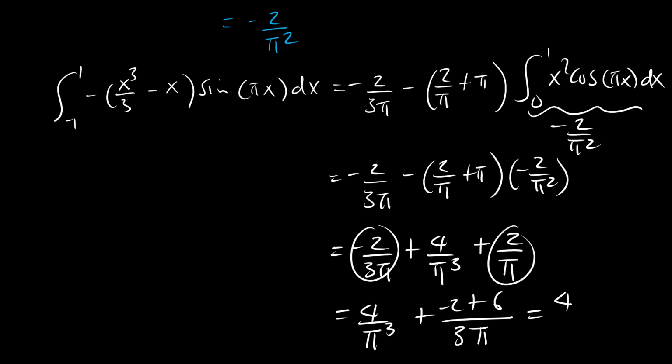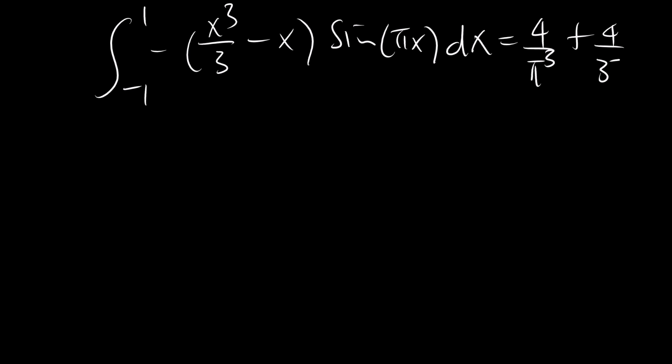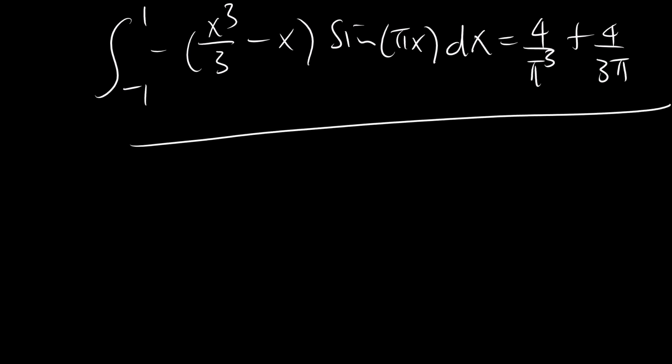So this becomes 4 over pi cubed plus 4 over 3 pi. In other words, the big integral from negative 1 to positive 1 of negative x to the power 3 over 3 minus x sine of pi x is equal to 4 over pi cubed plus 4 over 3 pi. That's the answer.